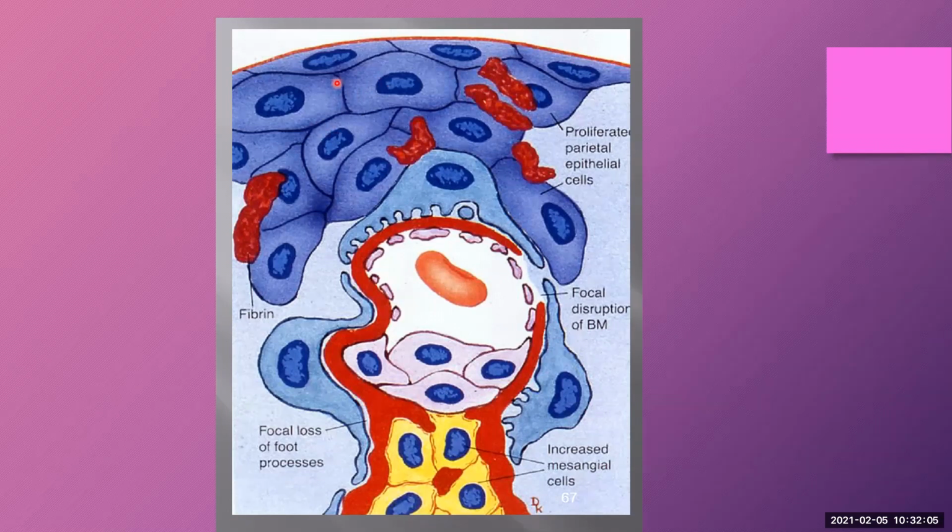That in turn irritates those cells and causes proliferation. When those cells proliferate more and more, they press down on the capillary loops and on the mesangial areas and cause more inability for the kidney to function properly.